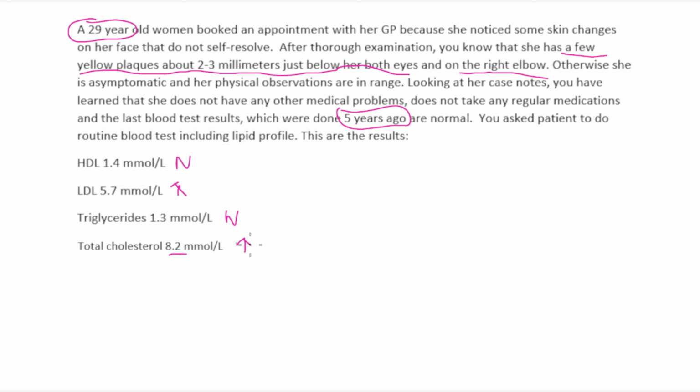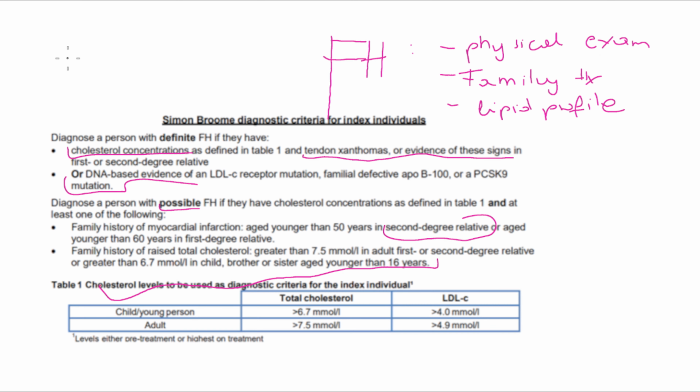Okay, let's go back to the Simon Broome diagnostic criteria to compare these results. So we know that she's 29 years old, so she's an adult, and her cholesterol was 8.2.